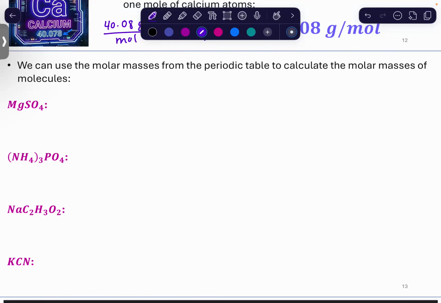So let's take a look at what we have here. This first one, I hope you can name it. You notice you have a polyatomic ion and a magnesium ion. This is magnesium sulfate. So I look at the periodic table, and magnesium is 24.31 grams per mole.